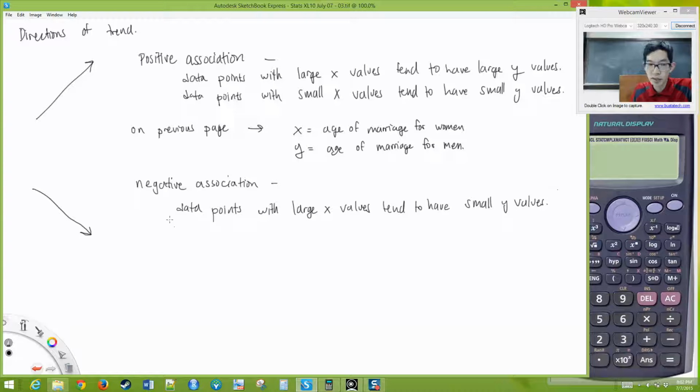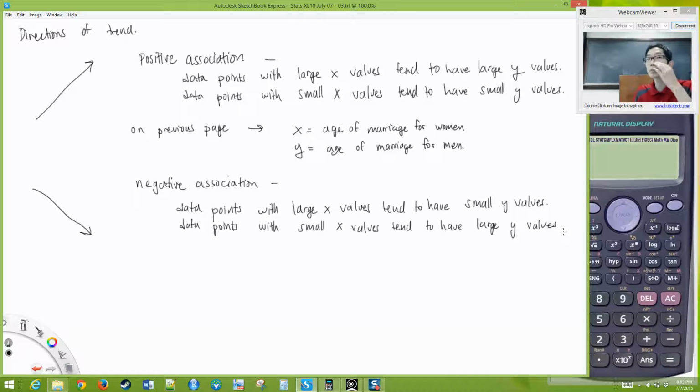Okay, and data points with small x values tend to have large y values.